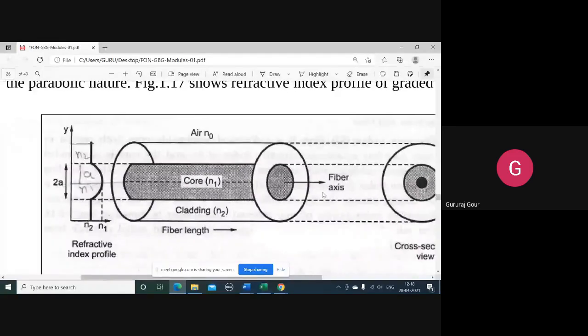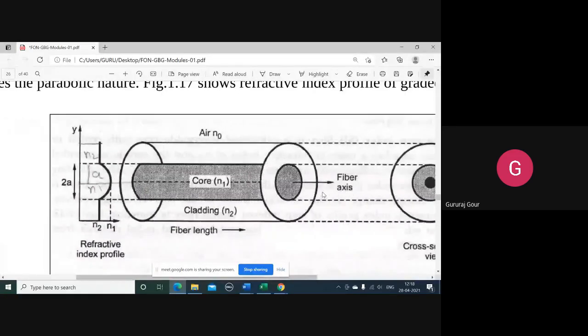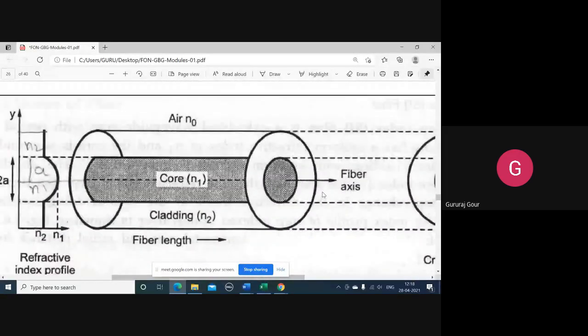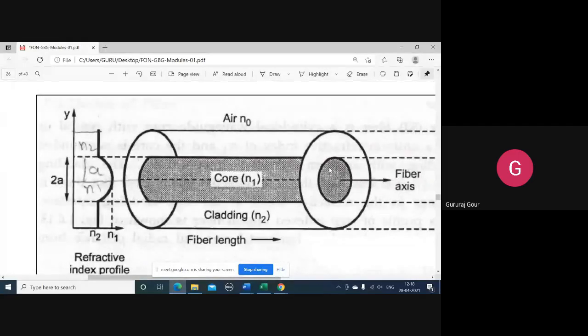The only difference here is the construction of the core. Now the core is not made up of a single material as it was in the case of step index.